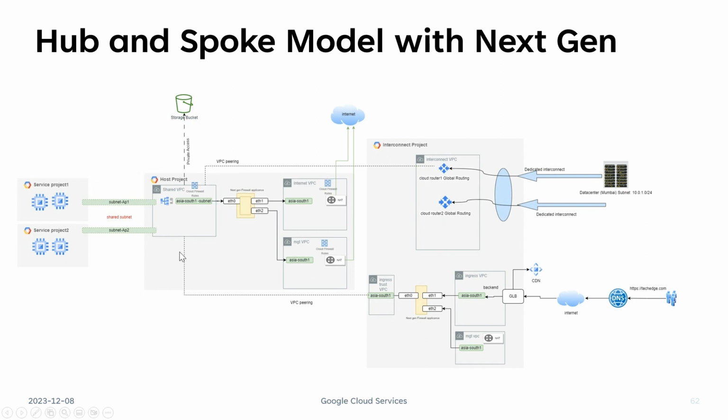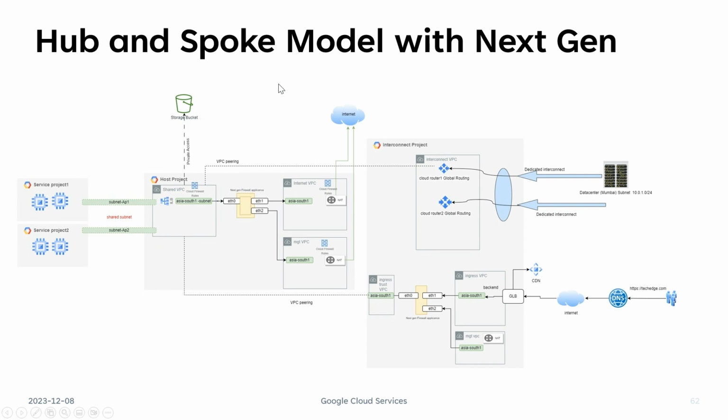You can see that, right? So your main VPC, where your workload is, is not directly talking to the on-prem. It is talking through some sort of VPC peering, right? And that is called the hub and spoke model with a next-gen firewall.